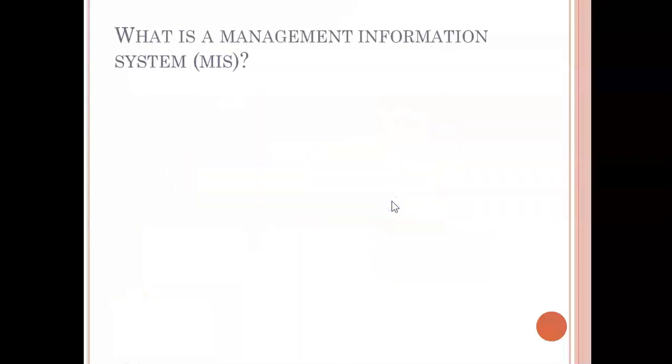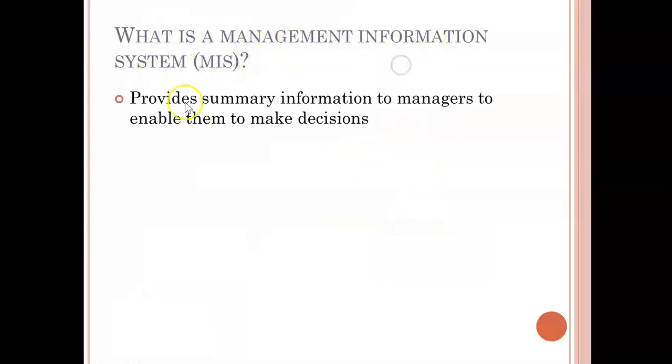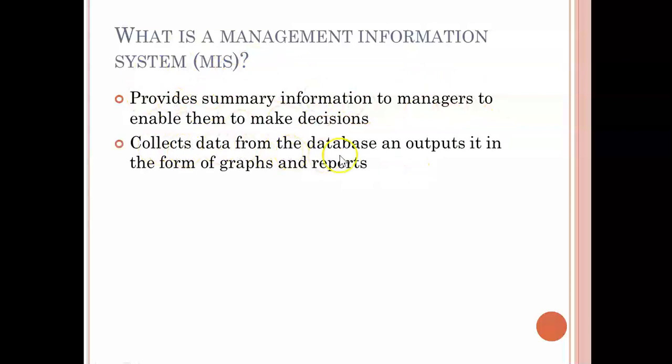So what is the Management Information System, or MIS? This provides summary information to managers to enable them to make decisions. This section is very short in your textbook as well. They're very brief about it, so we're just going to go through it roughly. It collects data from the database and outputs it in the form of graphs and reports.